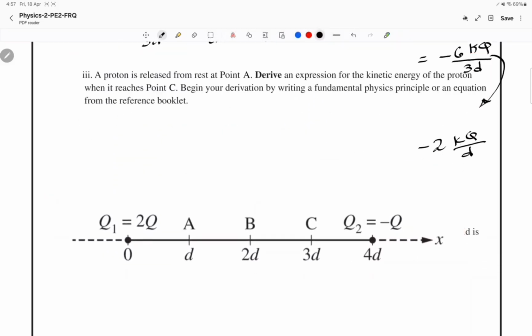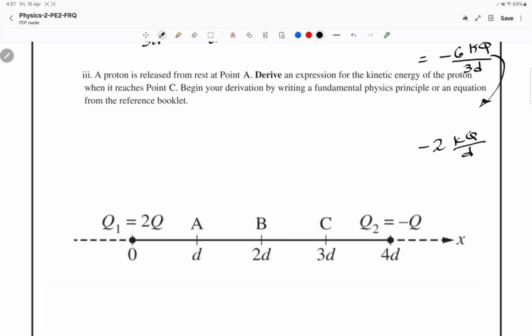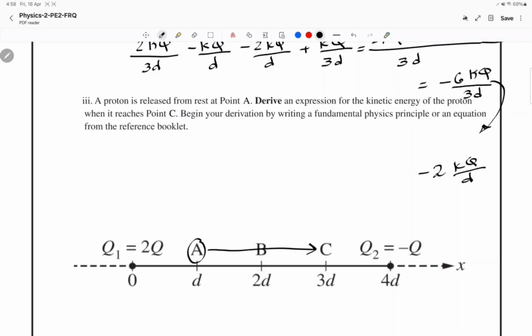Let's move on to this part. So, part III, a proton is released from point A. You have an expression for the kinetic energy of the proton when it reaches point C. So from point A, it will go to point C. So the change in the KE is equal to the negative change in the potential energy. This is just a fact that you have to know.